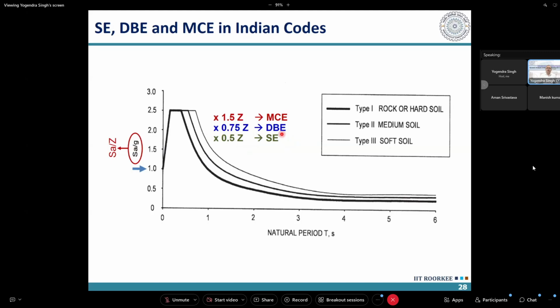So when we are calculating the earthquake forces using Z/2 into I/R into S_a/g, actually we are getting the forces corresponding to the serviceability earthquake, which is to be used directly in the working stress method or in the serviceability limit state. And when I'm using 0.75 into Z, then it becomes DBE. And if I am interested in the MCE level response spectrum, maybe in performance based design or somewhere else, then I could multiply this by 1.5 times Z.